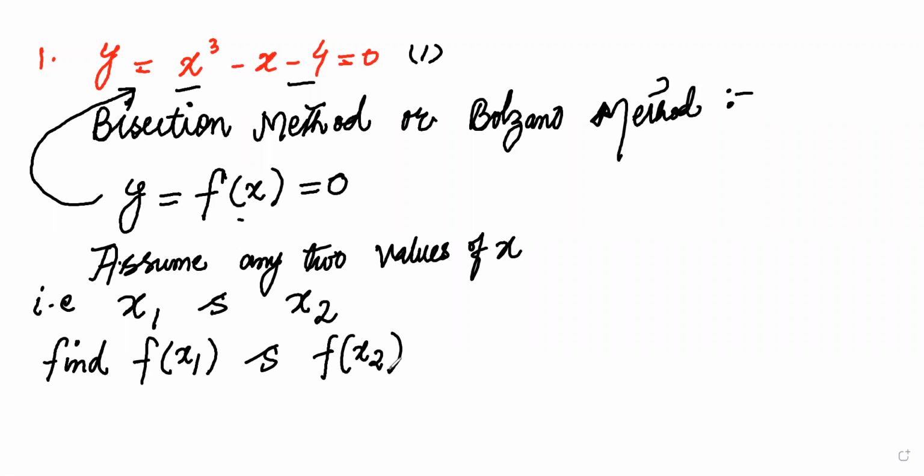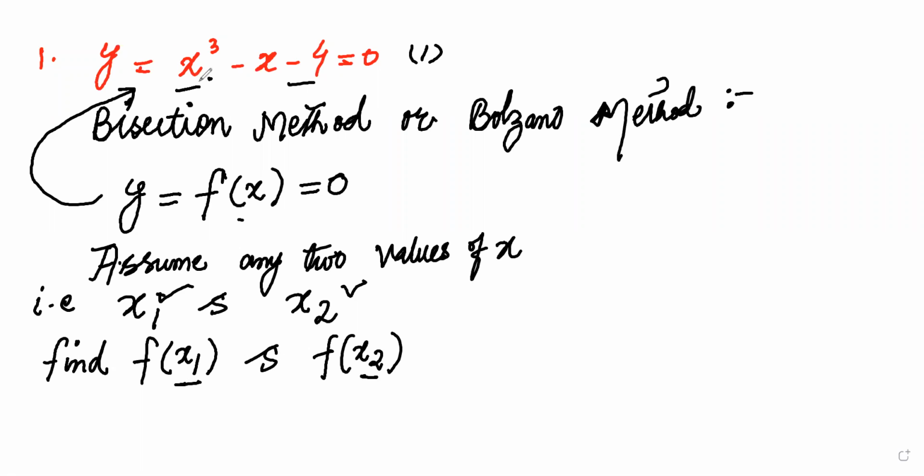Since this is a polynomial in x, substitute the value of x1 in this equation: x1 cube minus x1 minus 4 equal to something. Substitute x2: x2 cube minus x2 minus 4 will not be equal to 0, because x1 and x2 are not the roots.